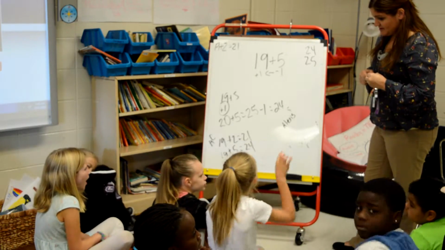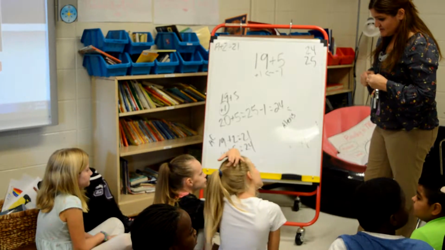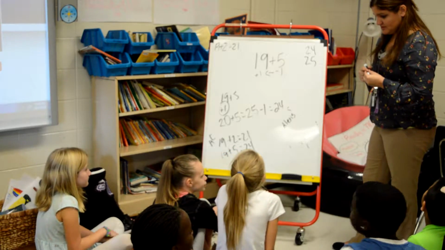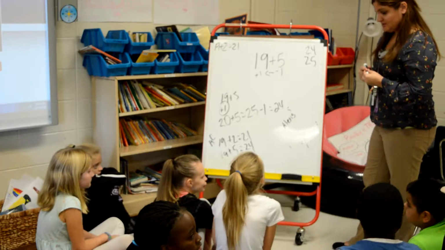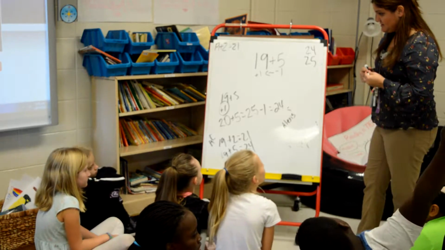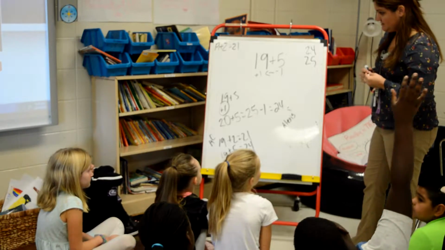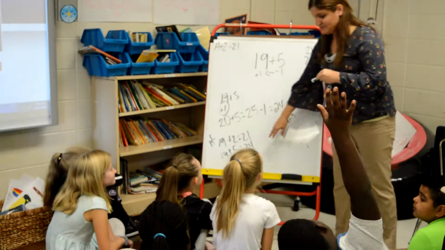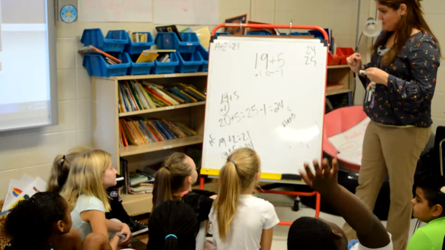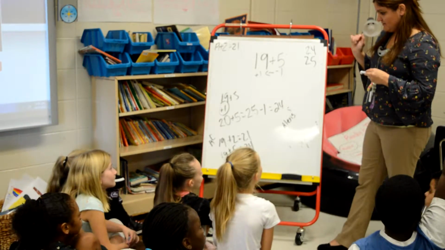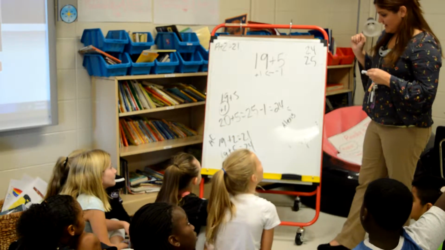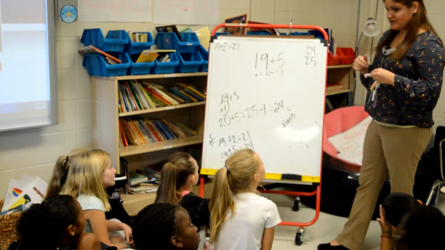So what I did was I kept 19 in my head. 19 in your head. Then I switched the pattern. I had 5 more and 4 more from 21. Okay, so she kind of did it like this, but she did it in her head. She had 19, and then she knew that it was a pattern, and then I added 4 more from 21. Okay. I got 24. Well, 3 more from 21, and she got 24.